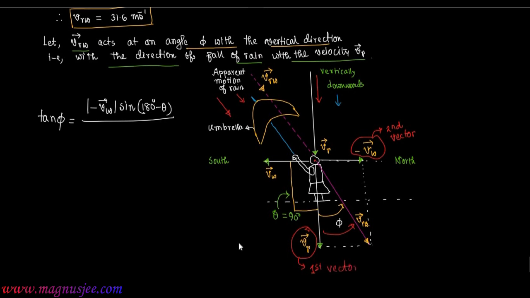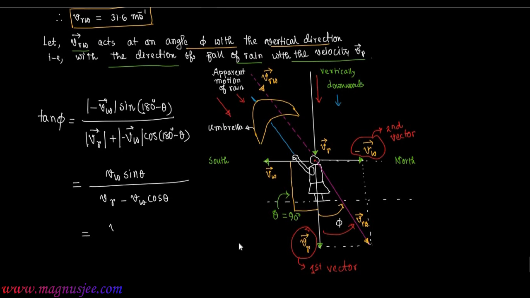Vector VR is the first vector which makes an angle phi with the vector VRW, divided by mod vector VR plus mod minus vector VW cos of 180 degree minus theta, which equals VW sin theta divided by VR minus VW cos theta. Now putting the value of theta, we get VW sin 90 degree divided by VR minus VW cos 90 degree.